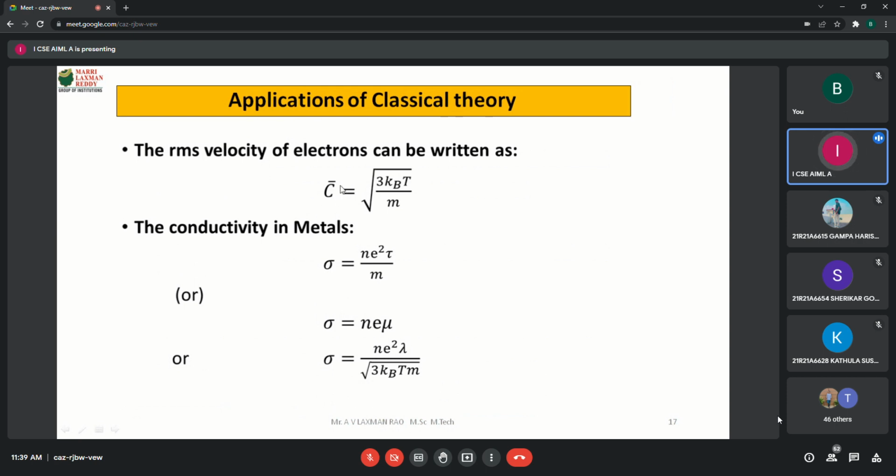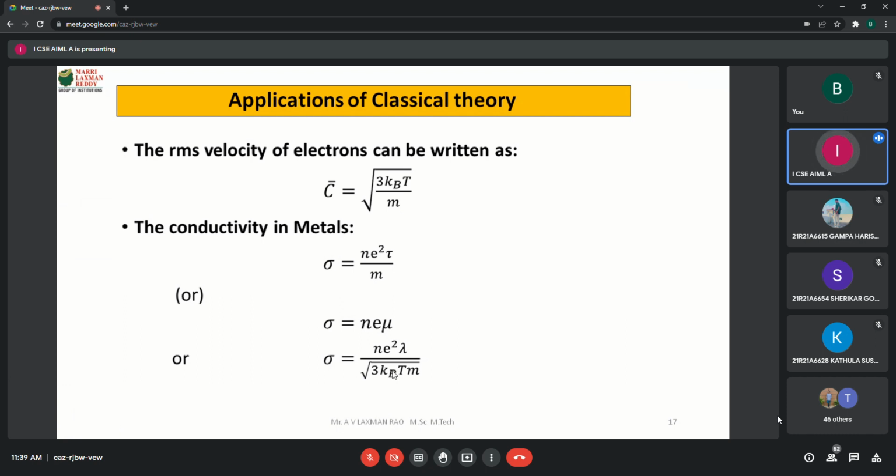Overall, the RMS velocity vector of the moving electron according to the free electron gas model can be written like this. Sigma is conductivity, which can be written like this. Sigma, again, in terms of mobility mu, can finally be written like this.